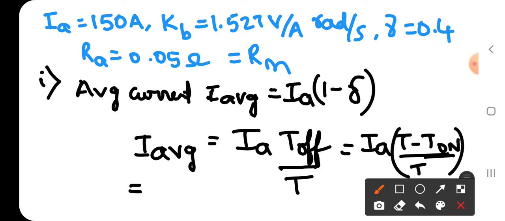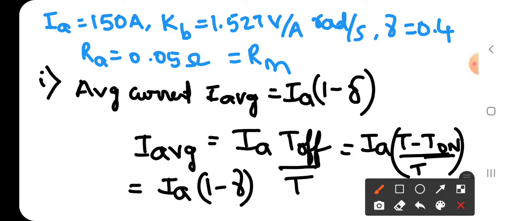So hence it is equal to IA into 1 minus gamma. This we have to remember. When braking is employed and we have to find the average voltage across the chopper, we have an average voltage across the chopper only whenever the chopper is turned off.